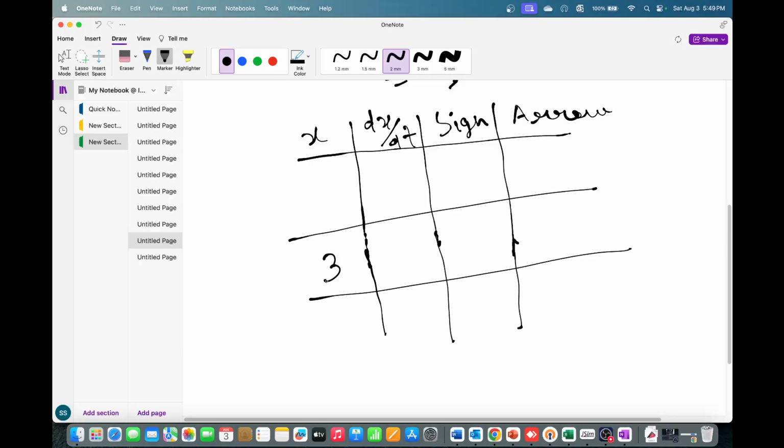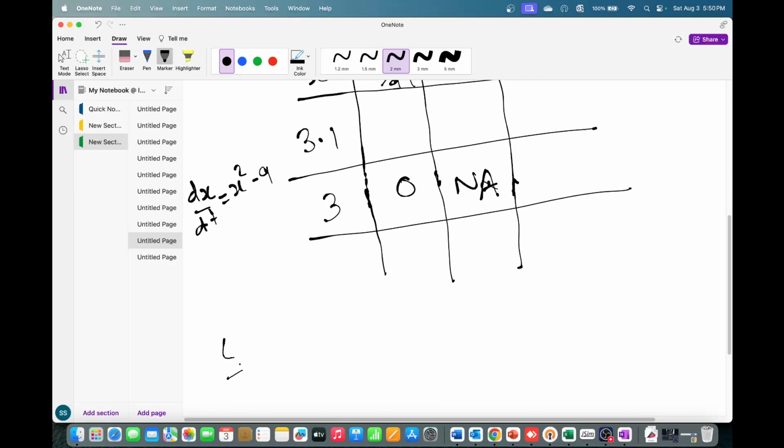Now this is your steady state, x equal to 3. So let me write the equation here, dx/dt equal to x squared minus 9. So dx/dt is 0 at your steady state, so there is no sign. Now you take a slightly higher value, so let's take 3.1 here. Now I have to check what's the square of 3.1. 3.1 into 3.1 is basically 9.61.